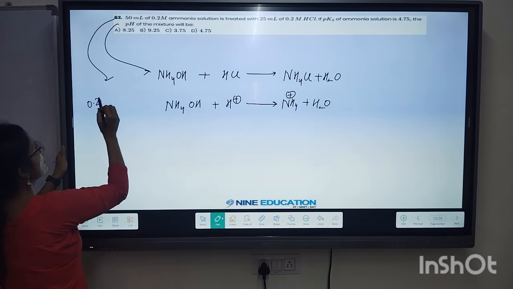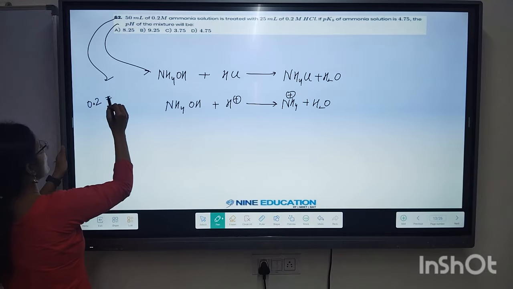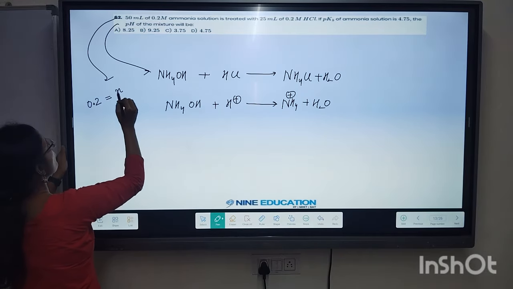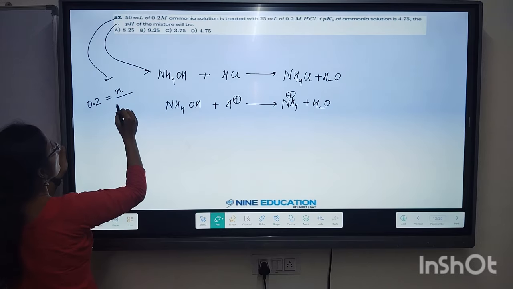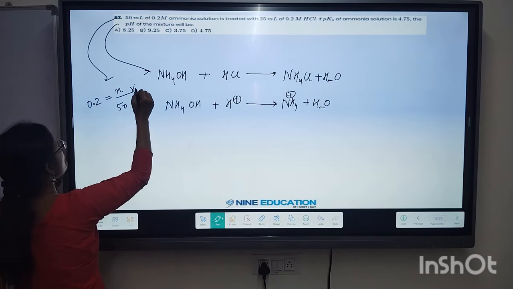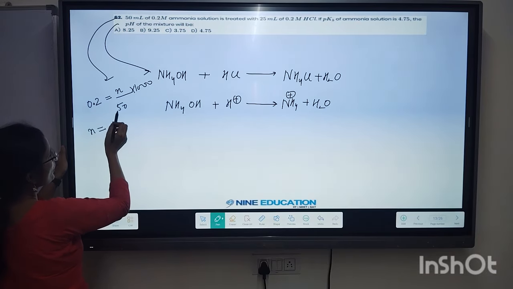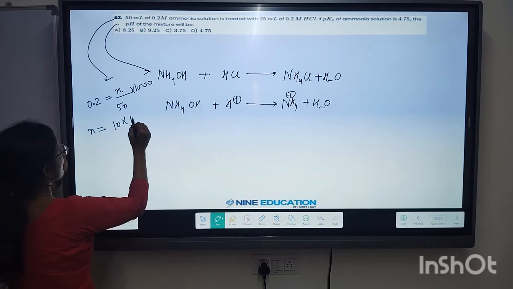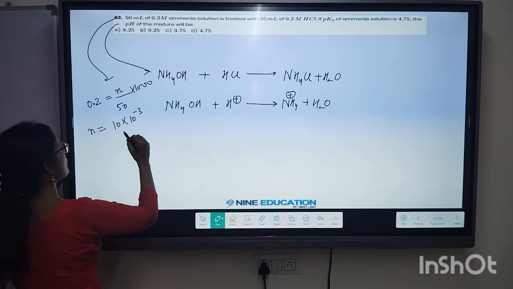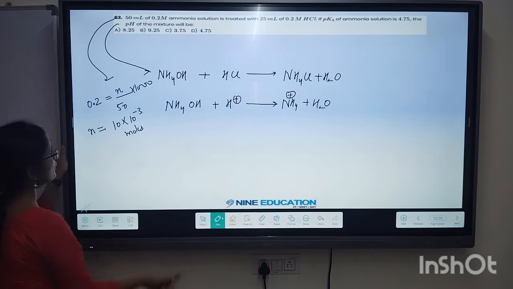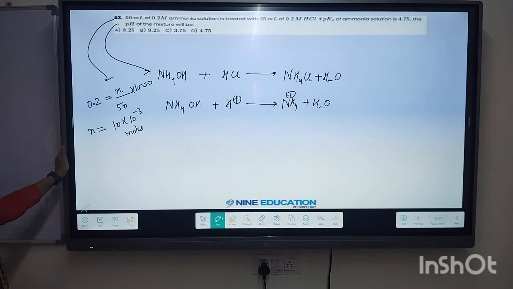The molarity of the NH4OH solution is 0.2, so we have number of moles divided by volume. Volume is 50 ml, so we put 1000 here, and moles will be 0.2 into 50 into 10 raised to power minus 3, which is 10 into 10 to the power minus 3 moles. Either you can go with that, or in a more convenient manner, you can just take 10 millimoles.